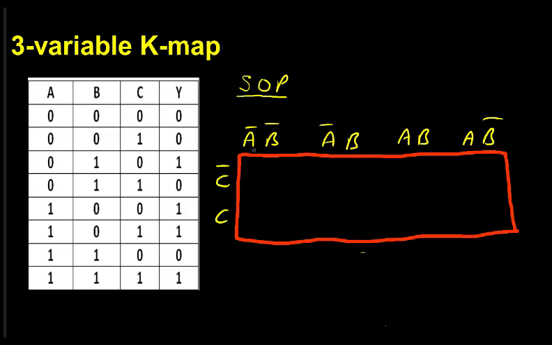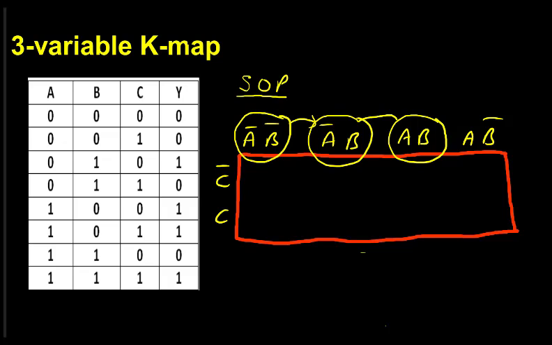Now see, this sequence must be strictly followed. First A bar, B bar, then A bar, B, then AB, then AB bar. So what the thing is, when we go from this term to this term, only one variable changes. So here we can see B is changing. So A bar remains as it is, B bar becomes B. And when we go from this to this, what happens?